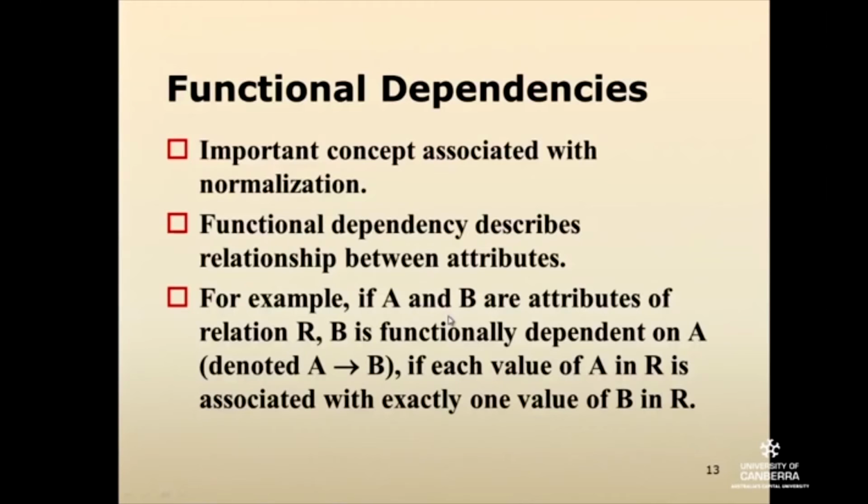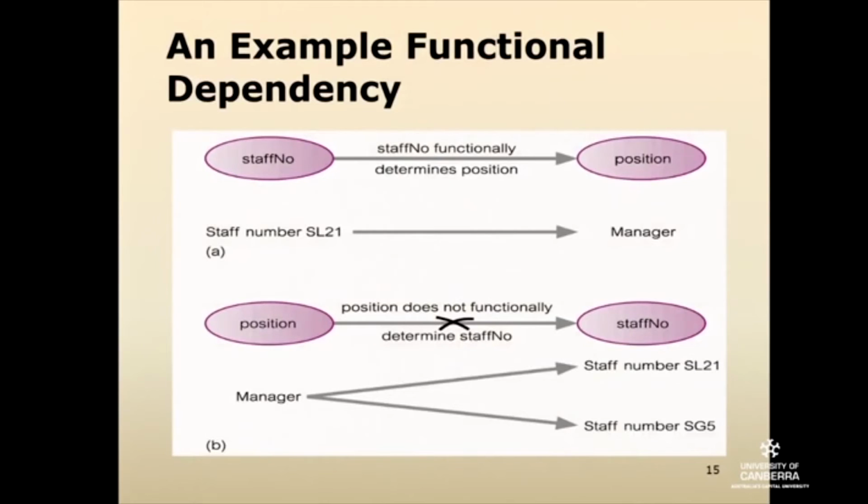The definition you saw before is a bit complicated, but if you think of A as the staff number and B as the position in the table staff, then knowing A, I can determine B. If you tell me the staff number, I can tell you the position of that staff. So that's why we say position can be determined by a staff number, or position is functionally dependent on a staff number.